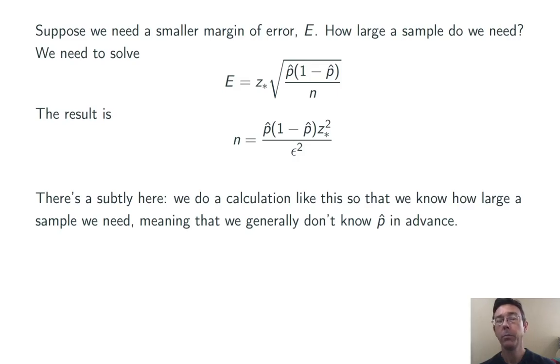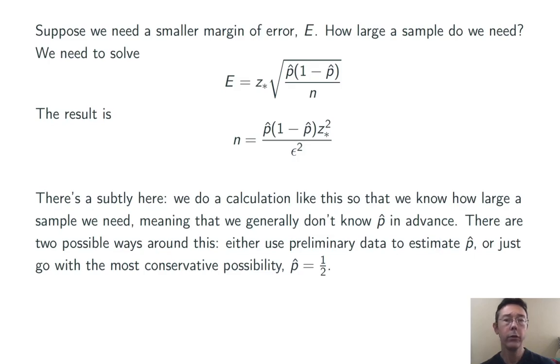So this is a very simple formula, but there's one small subtlety. We want to do this sort of calculation before we do the study, so before we actually know what p hat is. There are 2 ways around this difficulty. First of all, we might have some preliminary data, maybe a smaller study or a previous study that we can use as a legitimate valid estimate for p hat.